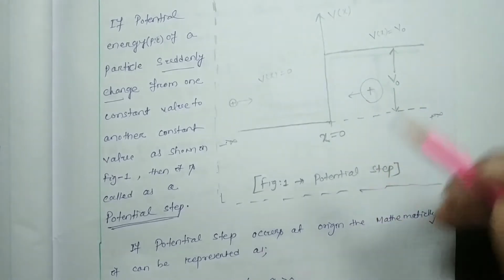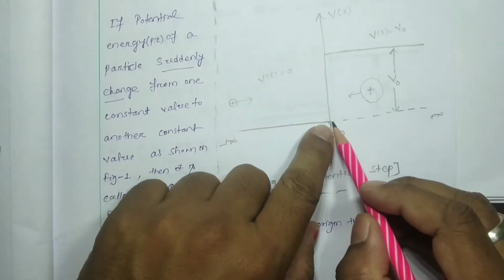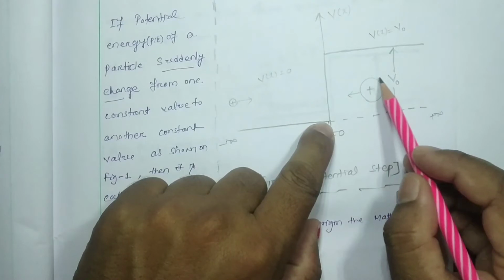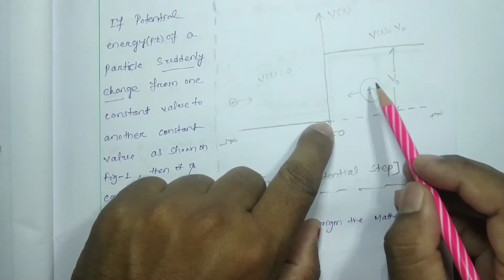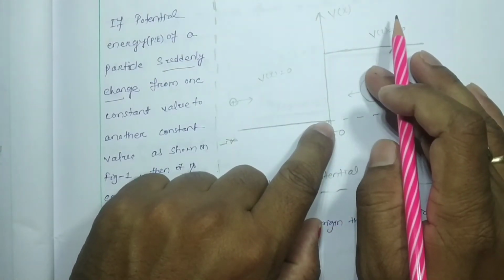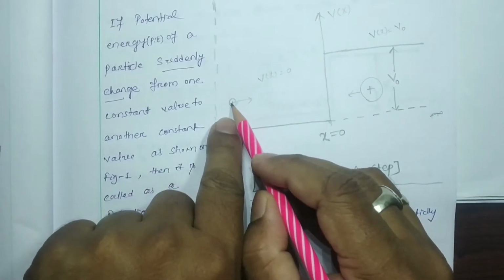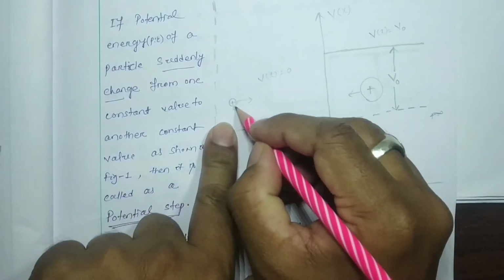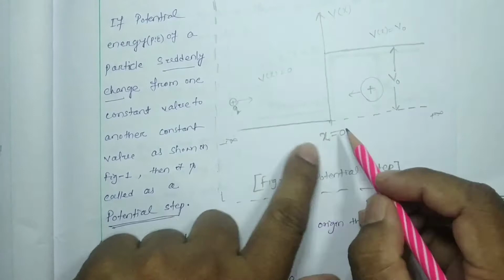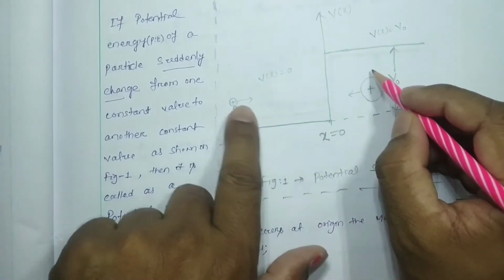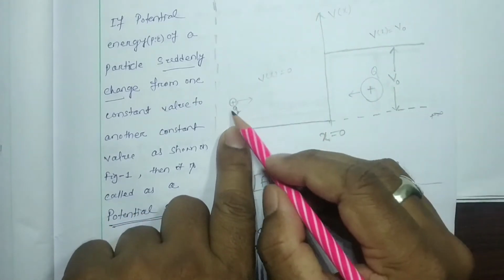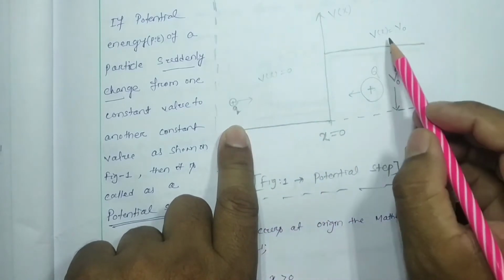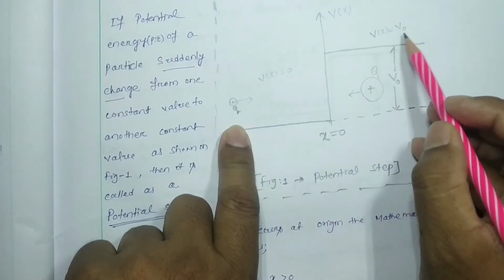Imagine that at x equal to 0 and onwards, a large positive charge is situated. When this small positive charge reaches x equal to 0, it will perceive a highly repulsive force. That value is nothing but V0.